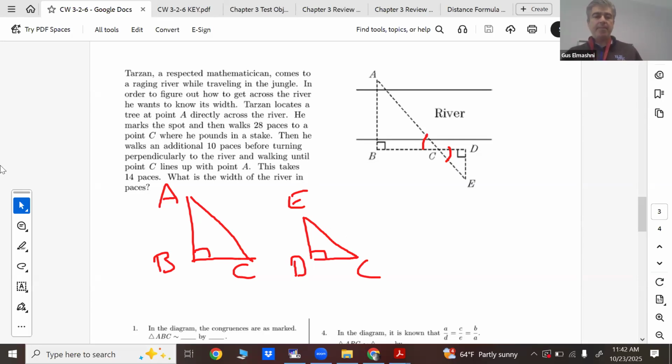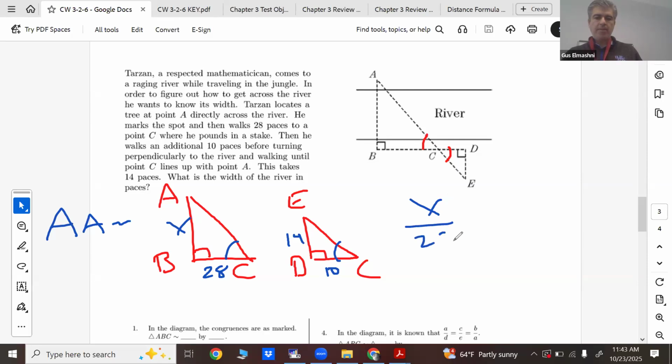ABC, EDC, and also the fact that angle ACB and ECD are the same. So again, you have AA similarity going on here. AB is what we want to find, that's X. BC, of course, is 28. DC is 10. D is 14.